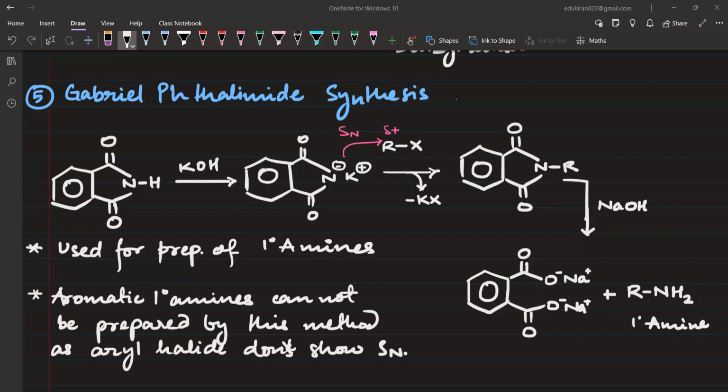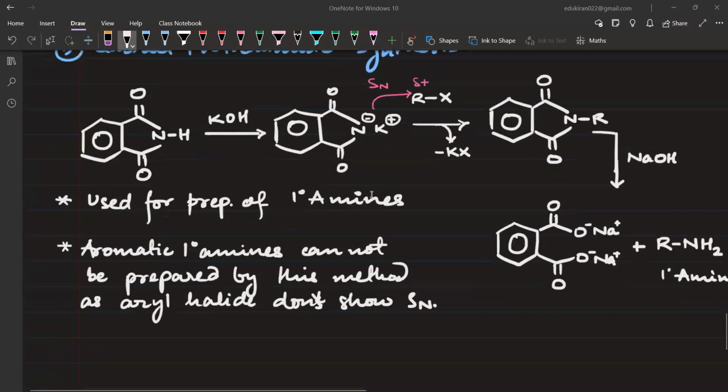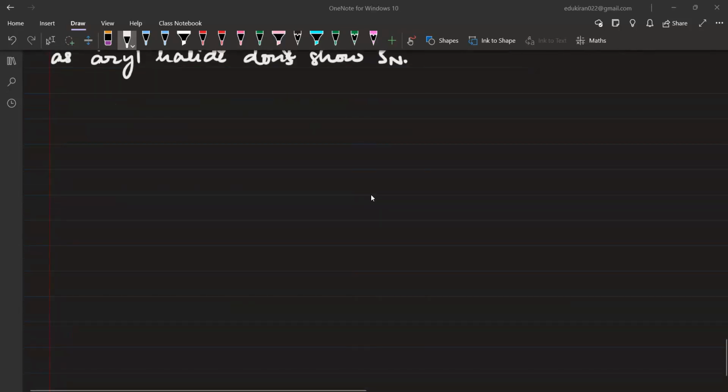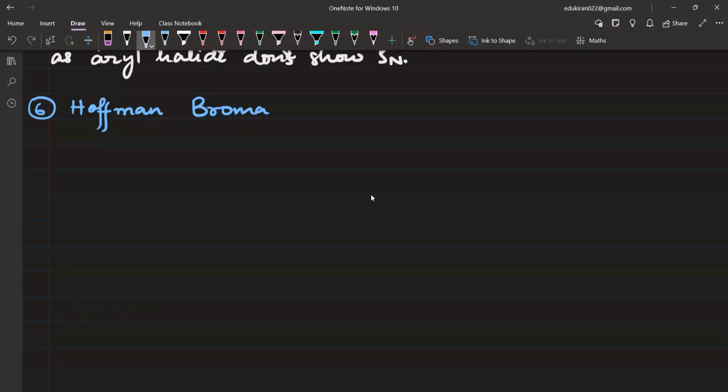Okay. Now, next reaction is quite important for the conversion type of cases. Conversion questions can include this. Sixth one is Hoffman bromamide degradation.